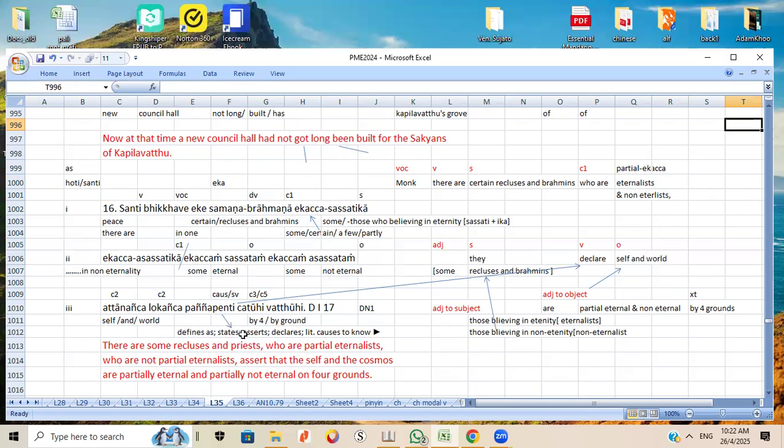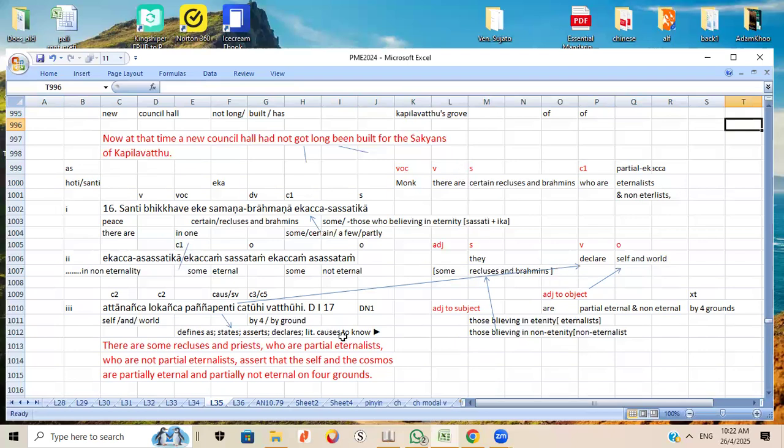If it's a plural, assert means or declare, because the subject here is plural, so the verb here is plural. So in this case, we say they. When we say they, it refers to some recluses and Brahmins. So this is how you know that they is the subject.